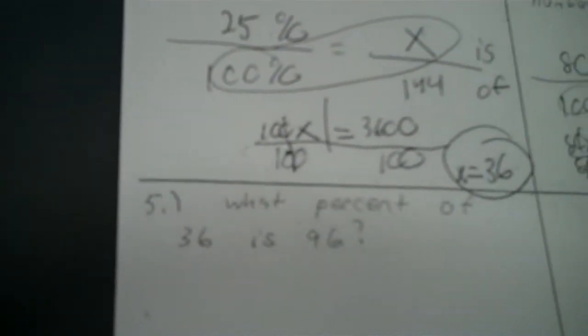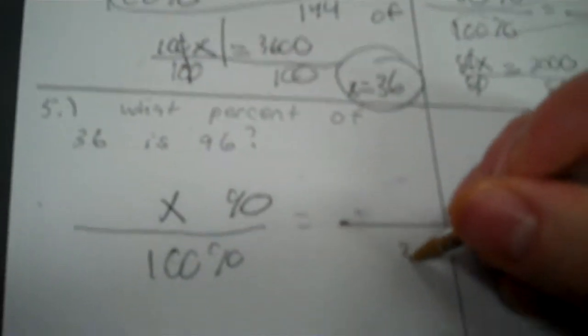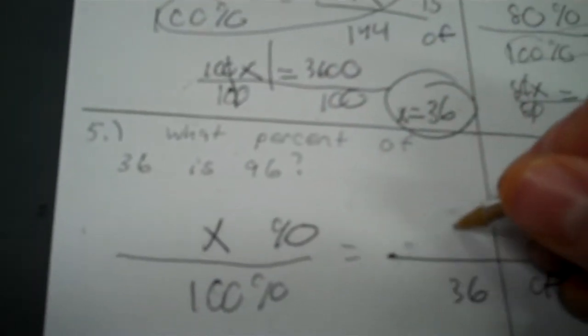Okay, what percent of 36 is 96? This is going to be kind of a weird one. You just stick to the plan. I don't have anything that has a percent, okay, because it says what percent, so x here, then is over of. So after the word of, I see 36, and then 96 is my is. So when I write my equation, it's going to be 36x. Over on this side, we'll be taking 100 times 96.